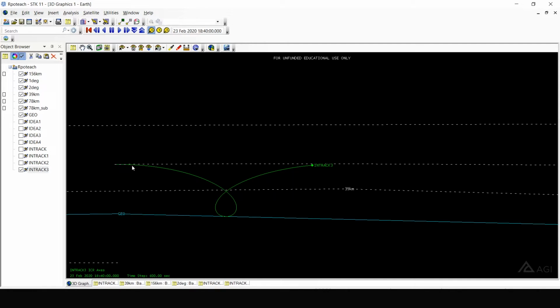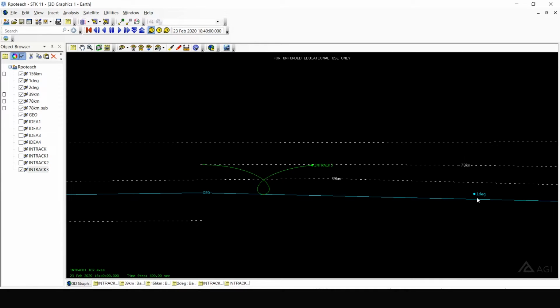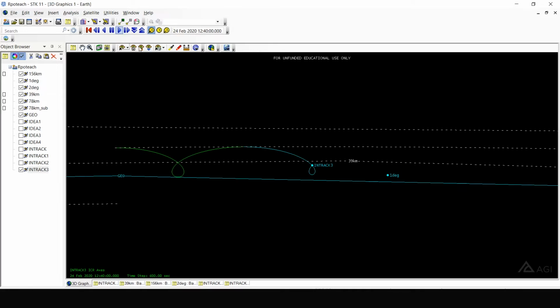Sure enough, we are now in a drifting NMC, and we're not drifting at 1 degree per day anymore, which we'll be able to see here. We're now drifting at half a degree per day. And you can tell that from this point of apogee is here at geo, and now our new point of apogee is about halfway between 1 degree and geo.